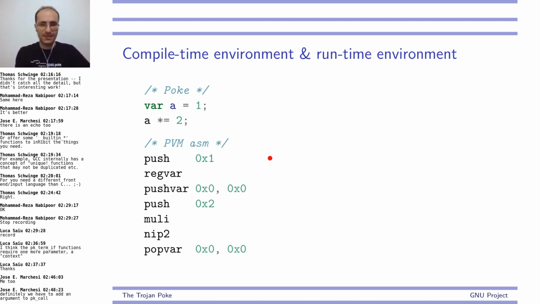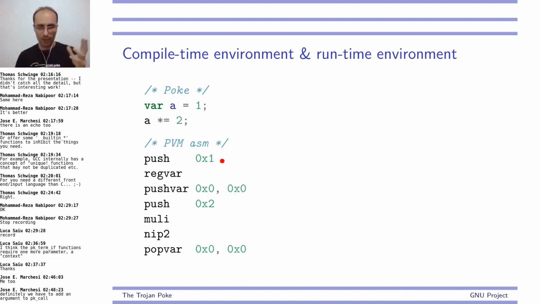This is PVM assembly, and I told you that PVM is a stack-based machine. So here we are pushing 1. This 1 is not a real one; it's a PVM 1. If we want to be simple and not mention the optimizations that are there, we can think that all of these things are boxed objects, something like a variant in C++ terms, or in terms of C, a structure with a field kind and a union with all the stuff there.